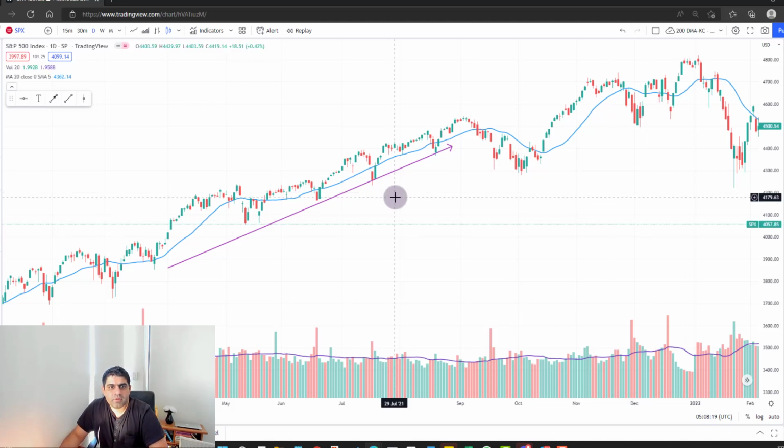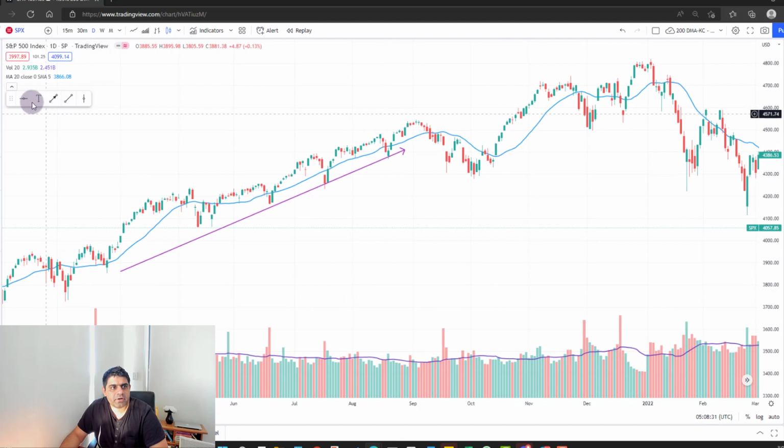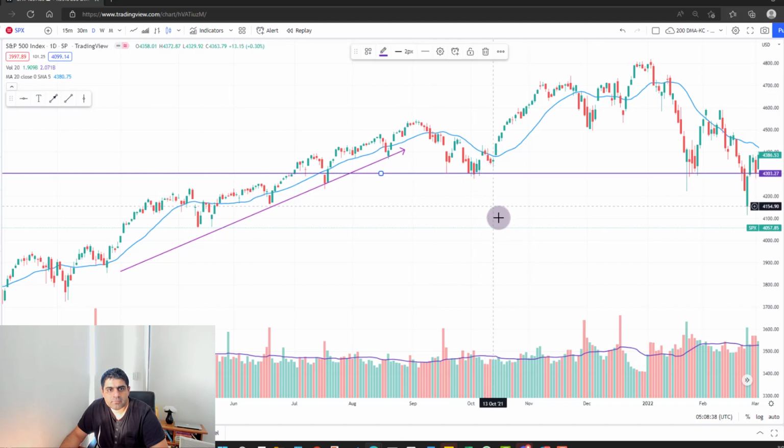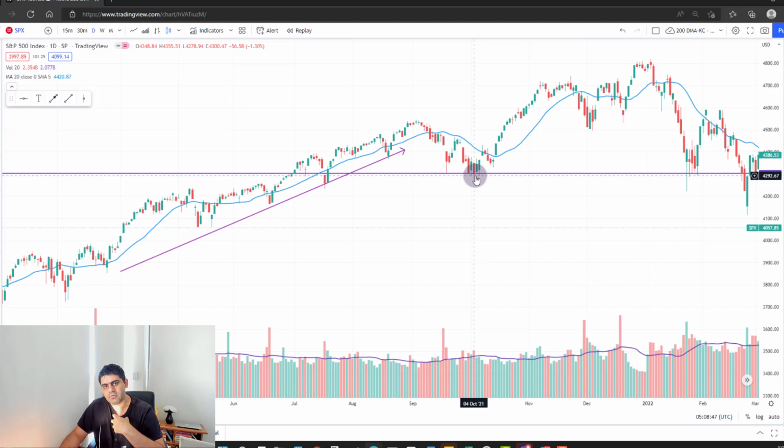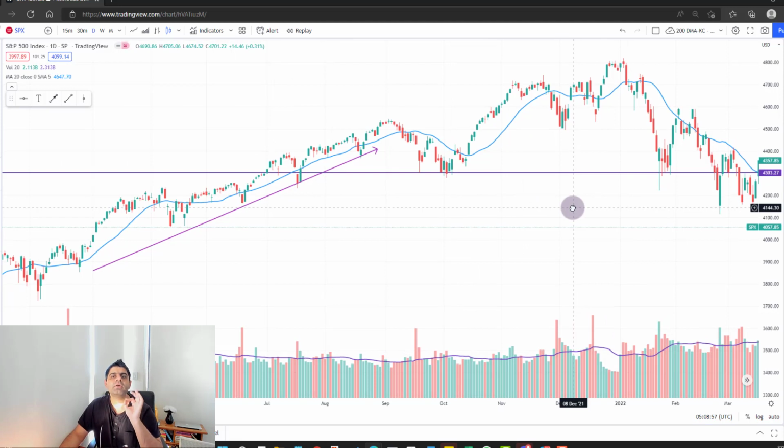For example, in S&P 500, I know that the index dropped down to this level, right? This horizontal line. Now, if I'm not sure where exactly my target should be, I can very well consider the 20 days moving average as my target. This is a very commonly used moving average when it comes to identifying targets.